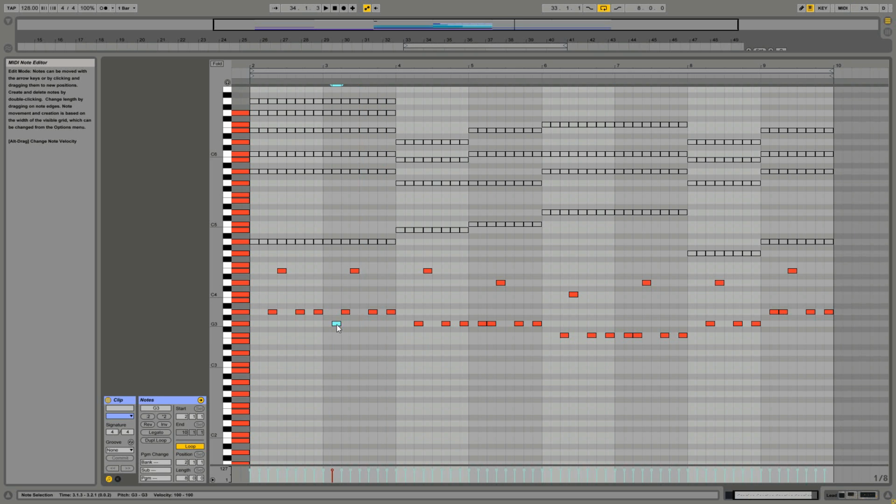Now that you know your scale, you just can, you know, pick any note and just listen in.